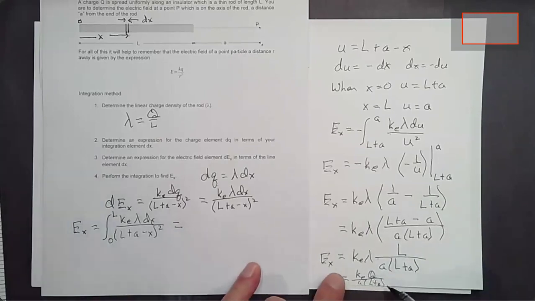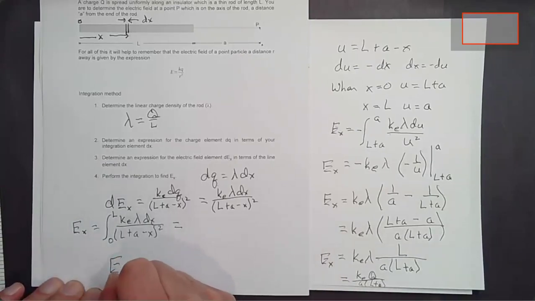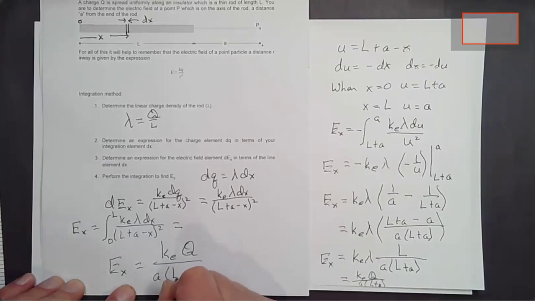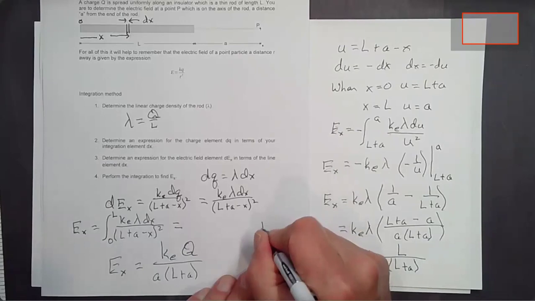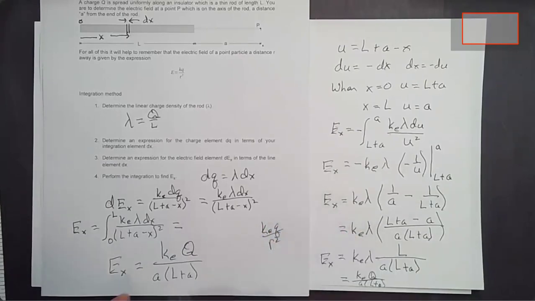So this is sort of like the electric field of a point particle, which is actually K sub E Q over r squared, but we've got sort of a weird little geometric determination on it here.